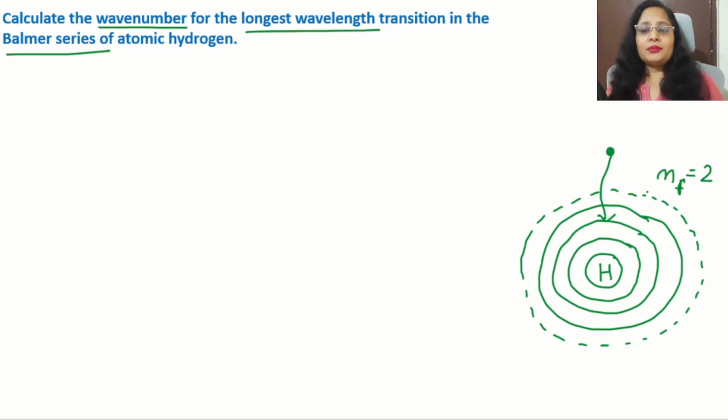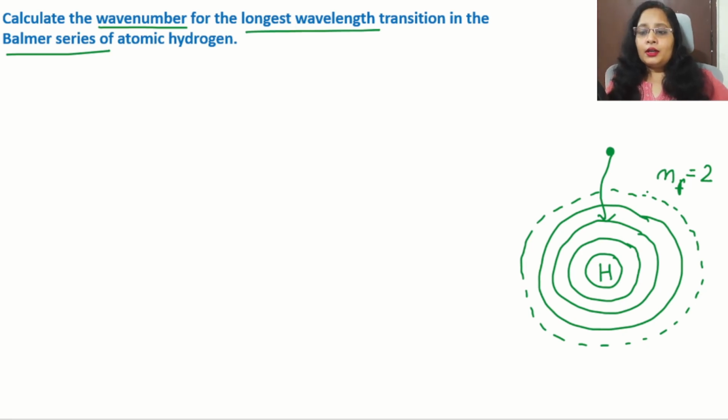So understand the Balmer series: when the excited electron from any higher energy level drops to energy level number 2, the lines created are called the Balmer series. It means the final state of the excited electron will be energy level 2.